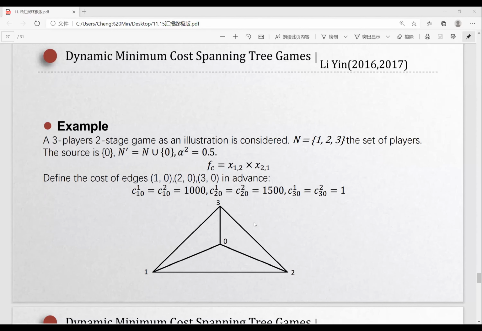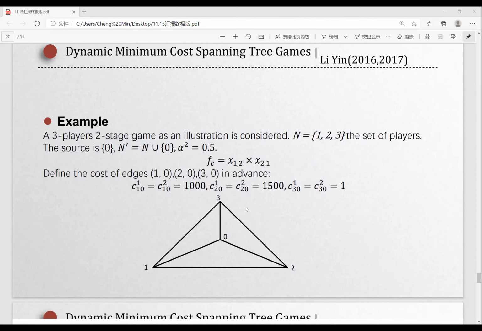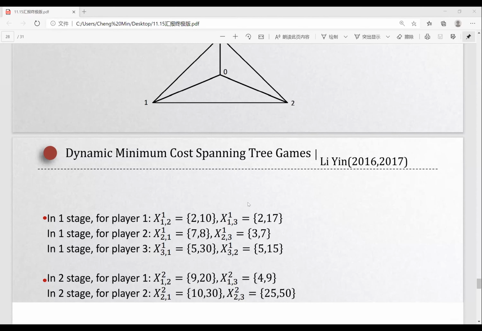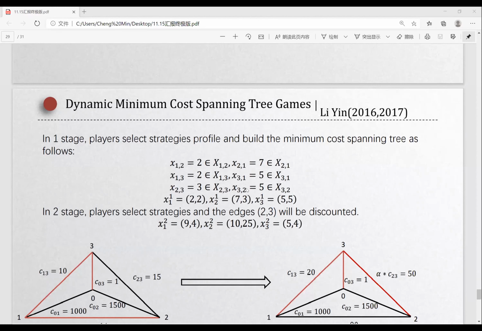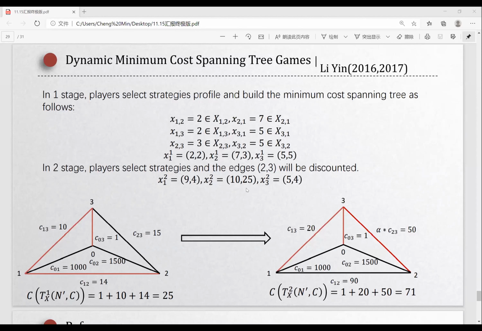This is the profile of strategies for each player in different stages. In one stage, players choose a strategy profile and build a minimal cost spanning tree, such that the total cost of this tree is minimal among all possible spanning trees, like this.